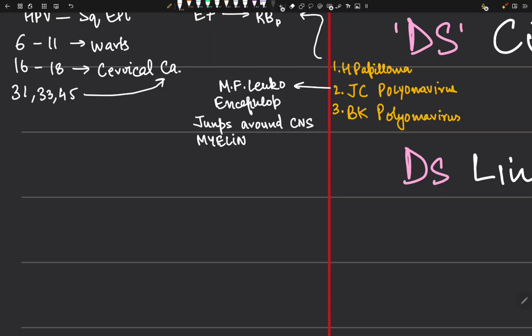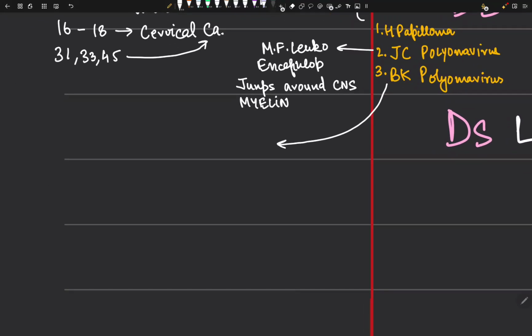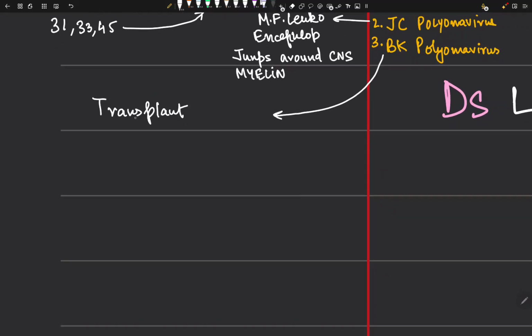Let's talk about BK now. BK polyomavirus. It's important in transplant patients. Simple stuff. Transplant patients. Now, associations: hemorrhagic cystitis, blood in the urine, and renal transplant nephropathy.